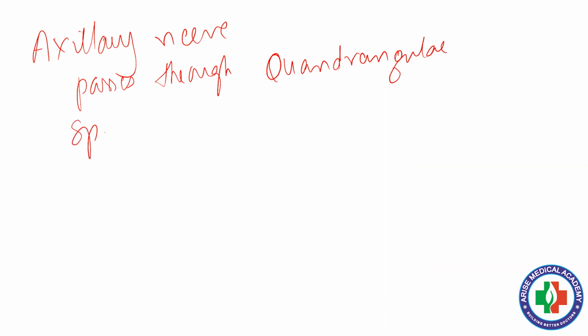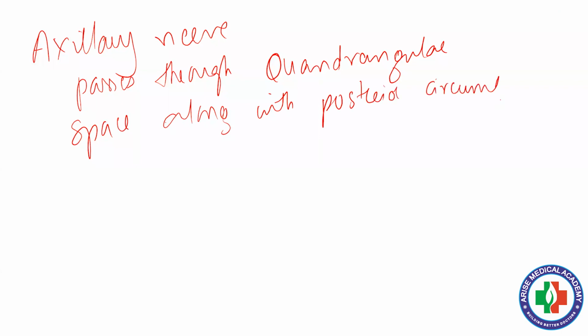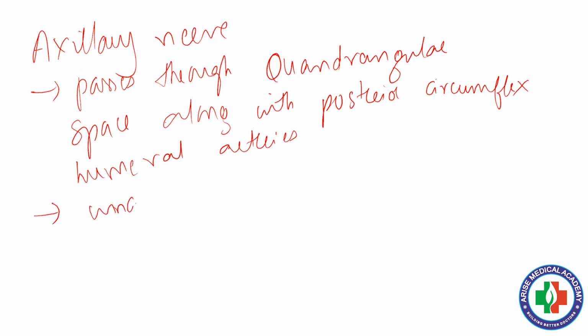It passes through the quadrangular space along with the posterior circumflex humeral vessels, and it winds around the surgical neck of the humerus. So in the course, these things are important.